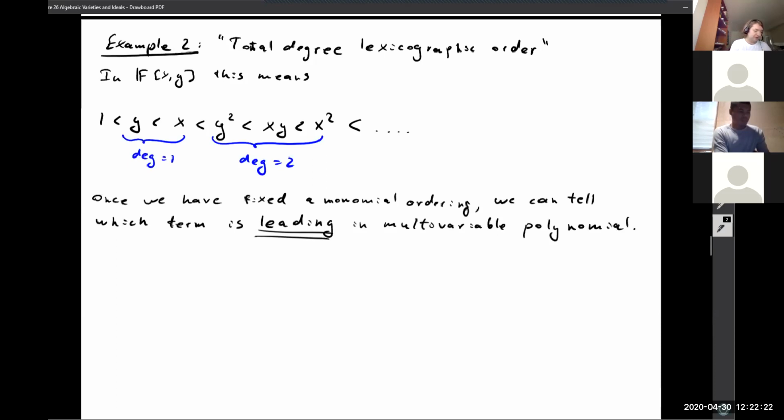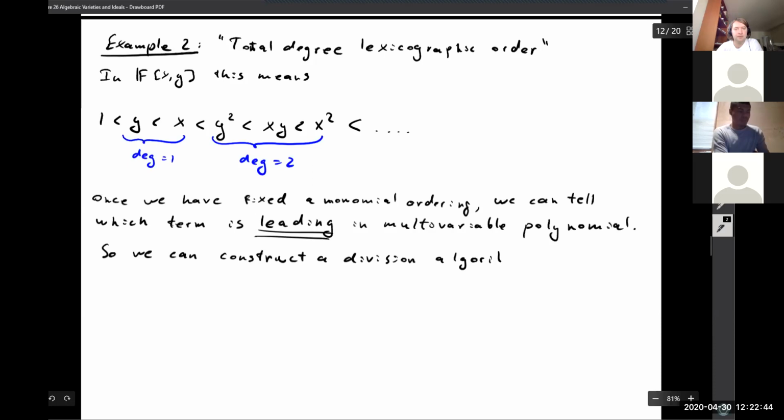So we can construct a division algorithm.